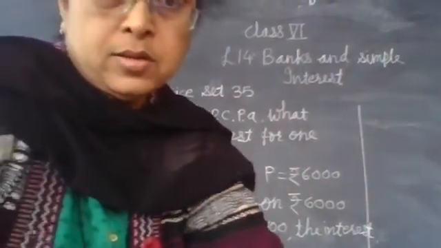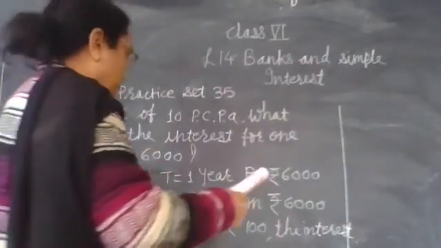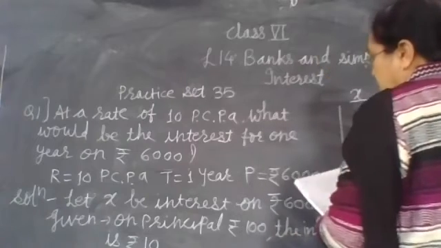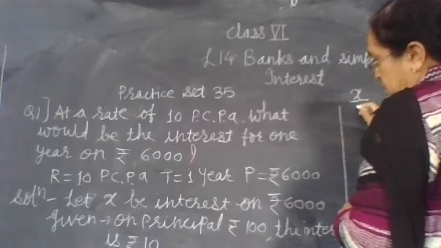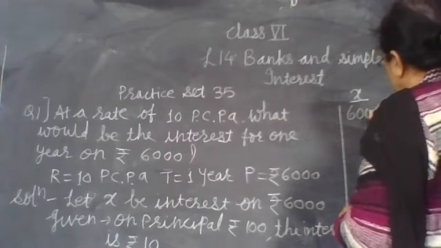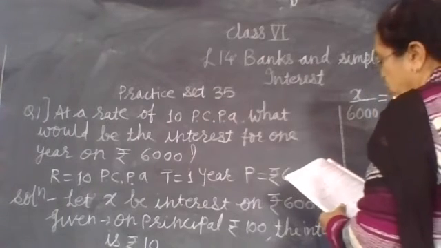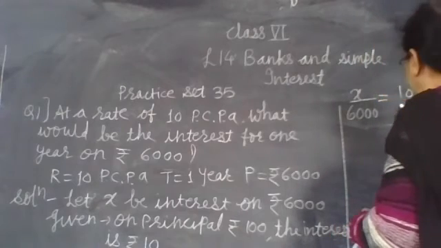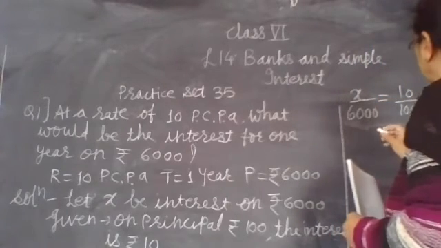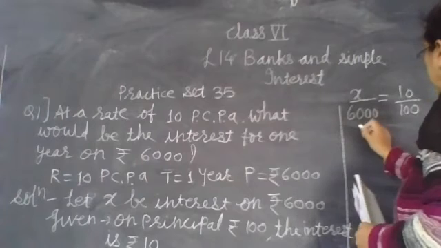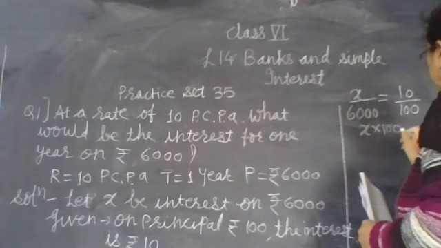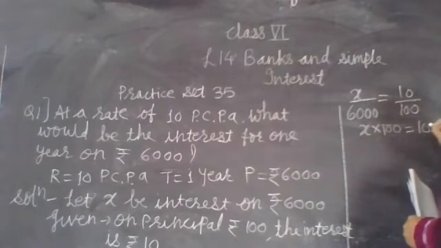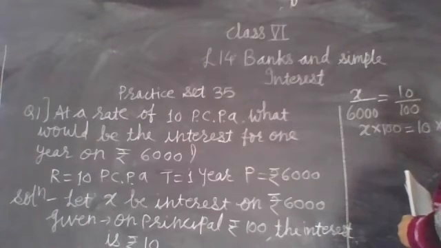Now let us solve. We will take the ratio of x, that is interest, to principal. X was on rupees 6,000, so x upon 6,000 equal to 10 upon 100, and then by cross multiplying, x into 100 equal to 10 into 6,000.